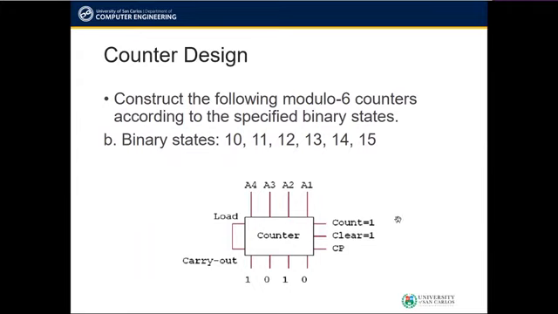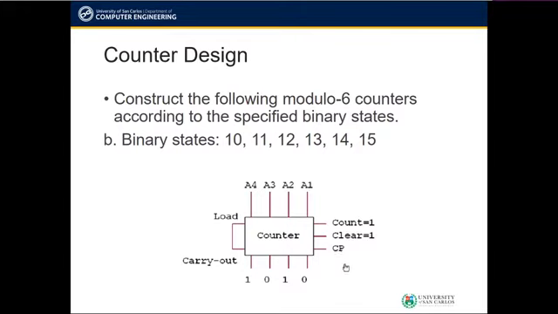So when the circuit starts counting, it counts from binary 10, then 11, then 12, then 13, then 14, and 15. Based on its natural behavior, the next count after 15 or 1111 is 0000.